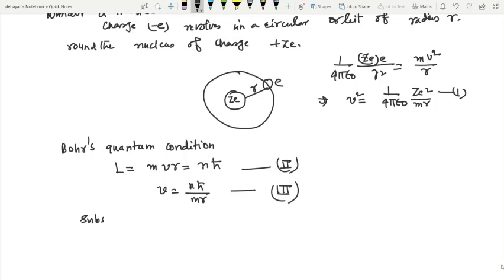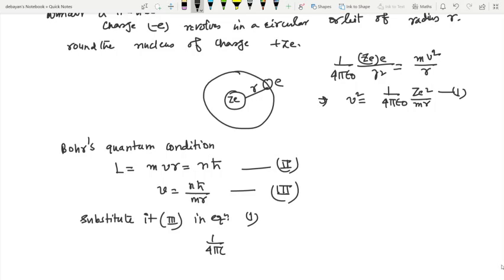Now if we substitute equation number 3 into equation 1, in place of v square we can put this, and we get 1 by 4 pi epsilon naught, Z square, h bar square, over m square r square.